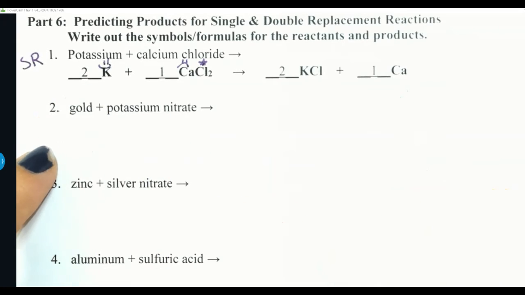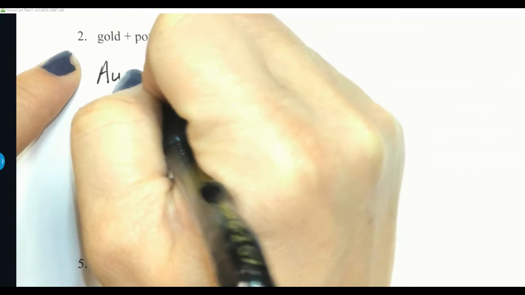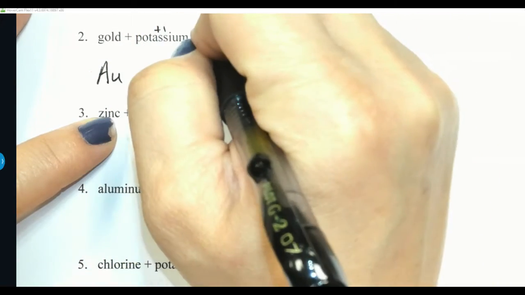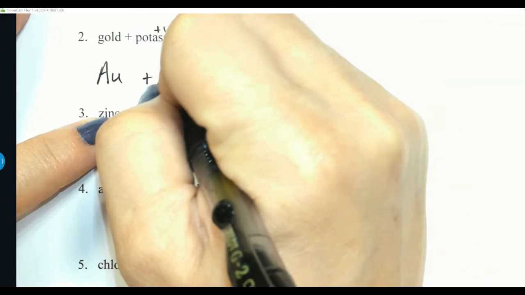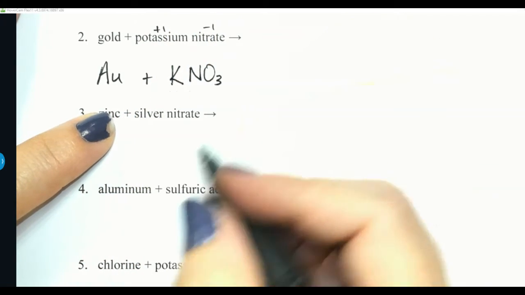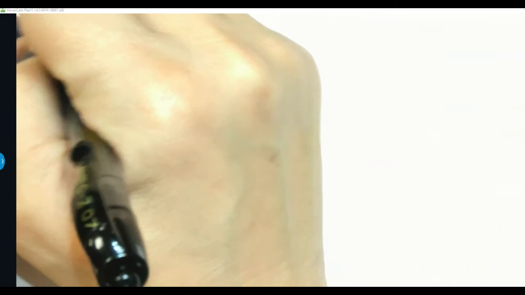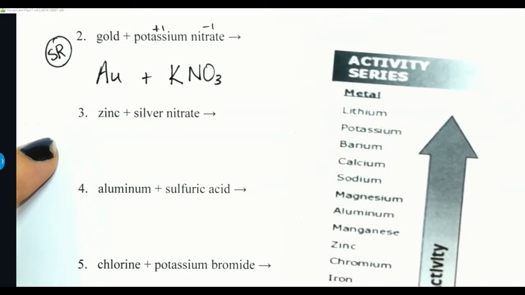So let's look at number 2 together. We have gold, which is Au, plus potassium nitrate. Potassium has a +1 and nitrate has a -1 charge, so they cancel. We have K and nitrate is NO3. So this is a single replacement reaction, which means you've got to use an activity series, which I have here.